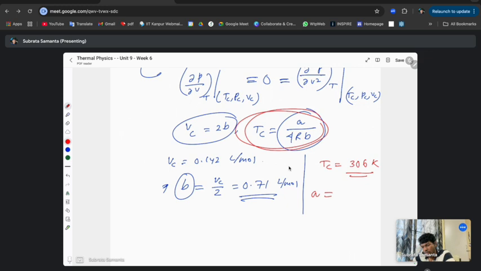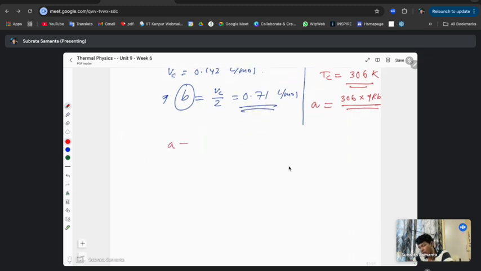So it's 306 times 4Rb. What is the value of R? If we use the same unit, liter, the value of R is 0.082 times the value of b, 0.071.